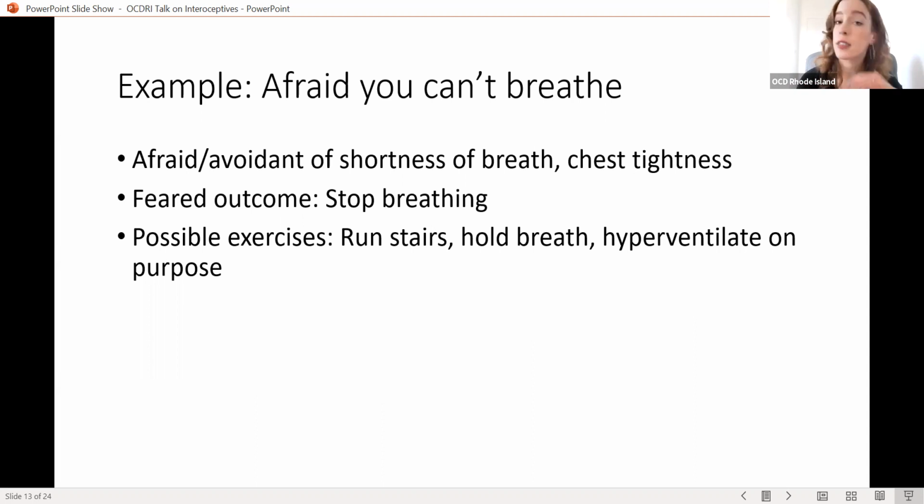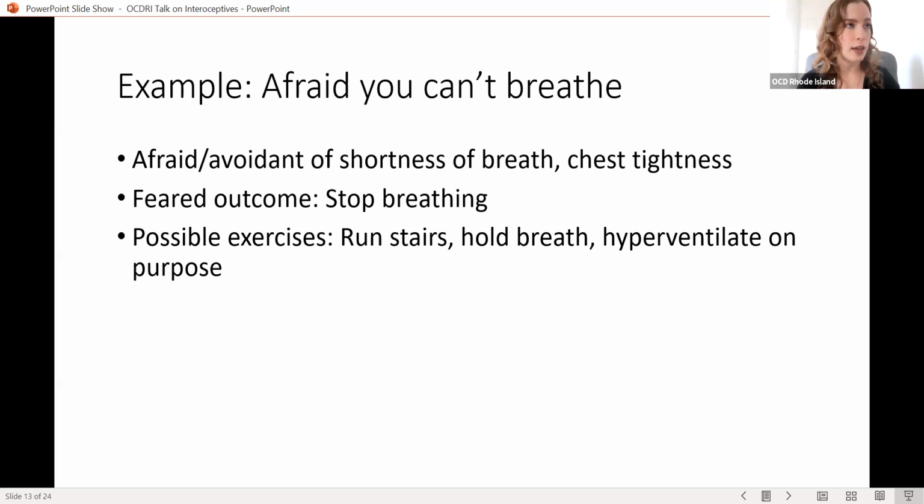And the types of exercises we could do together would be things like running up and down the stairs, holding your breath, hyperventilating on purpose. That's the sort of exercises we would do in session to bring up those feelings like, what if I stop breathing?